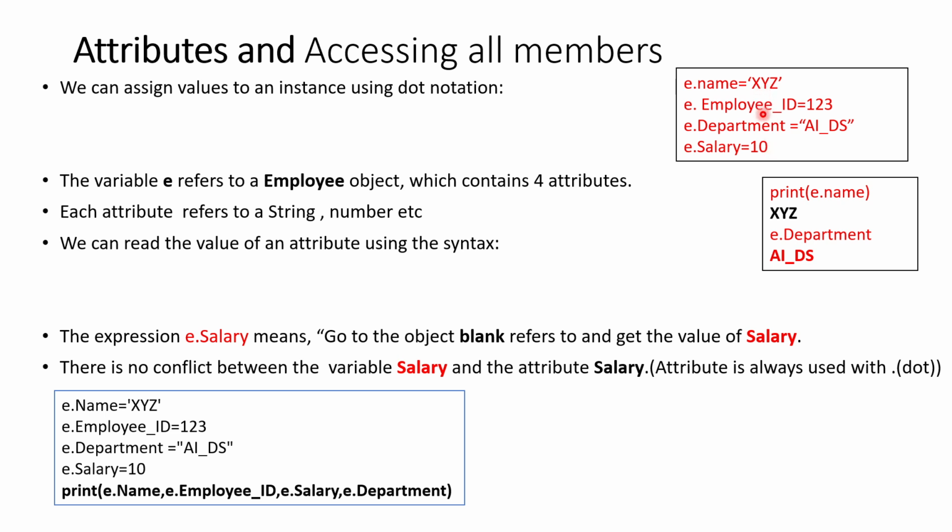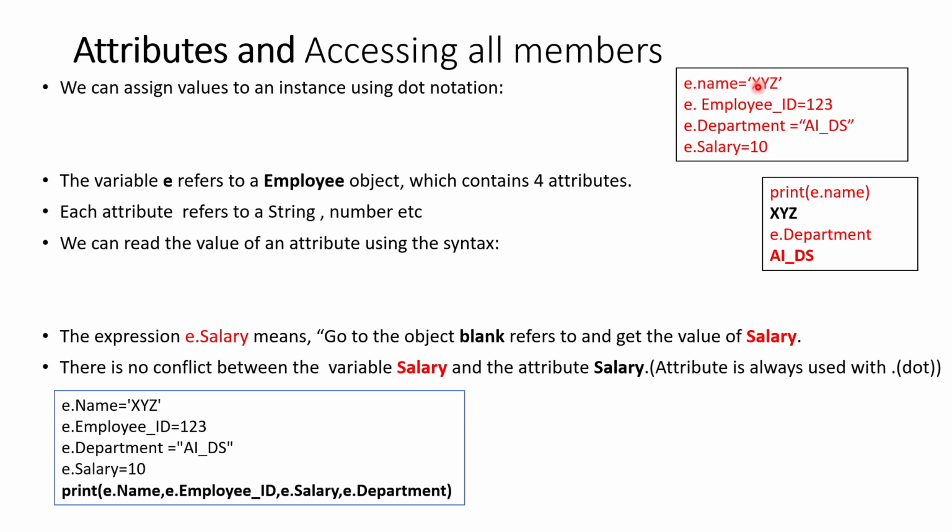I need not give this in the class like Java or C++. I can straight away give that in the main program just like an assignment statement. You can see the dot is required, which will separate the attribute and the class reference variable. If I give e dot name, that is an attribute. If I simply give name, it is a variable. The right hand side is the value.